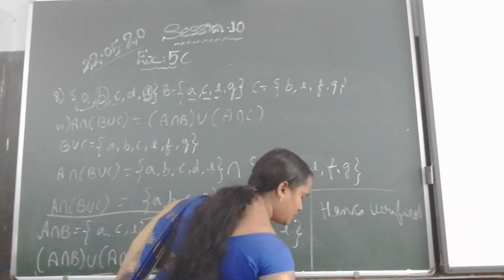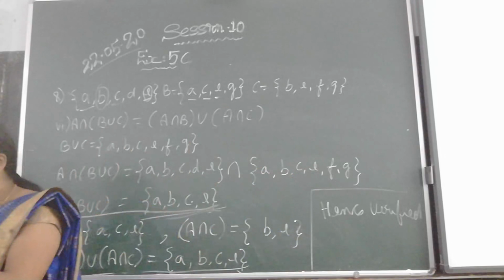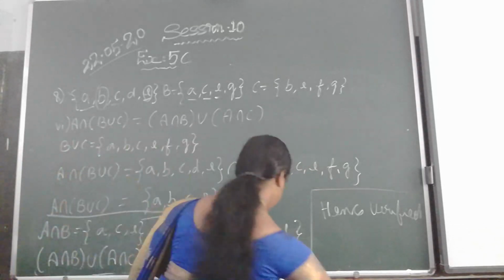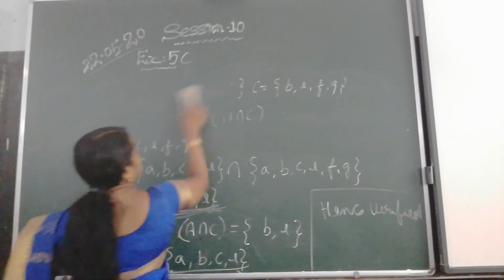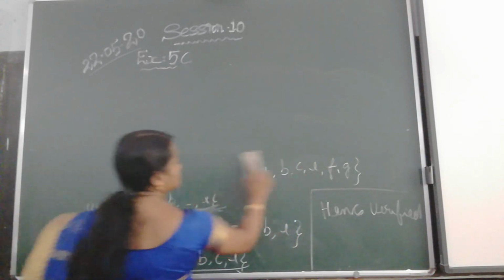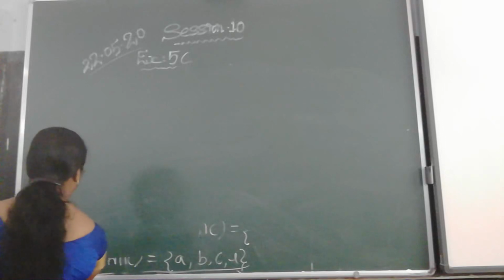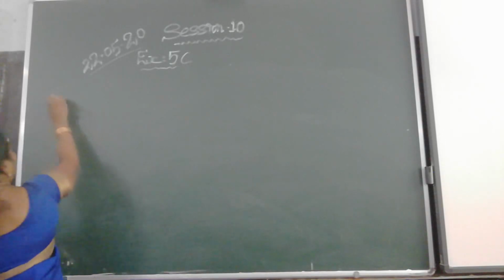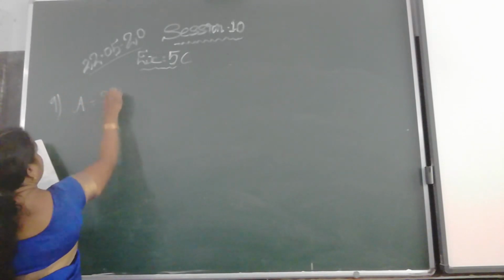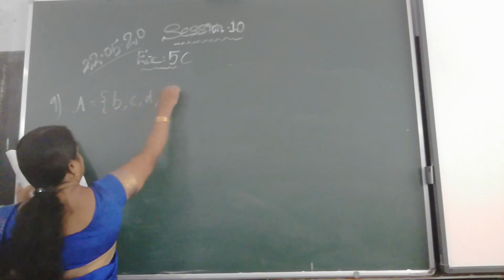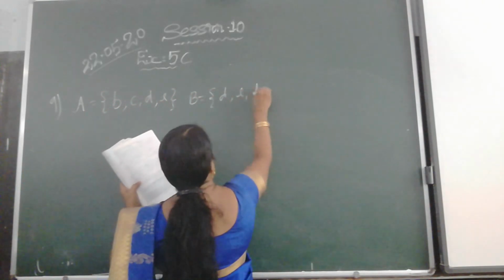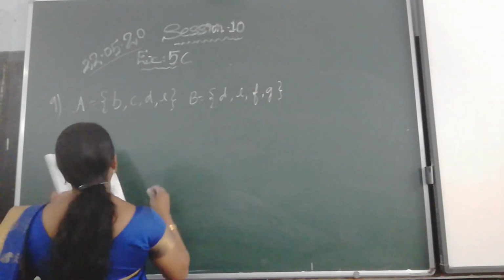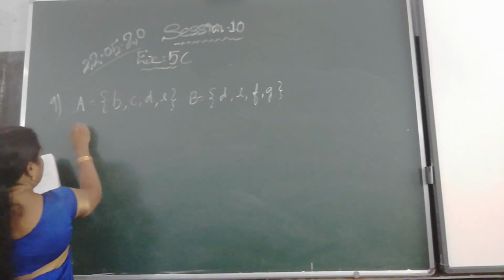Okay? Now we will move to the 9th one. Let A equals B, C, D, E. Then B equals D, E, F, G. And these will be subsets of the universal set.